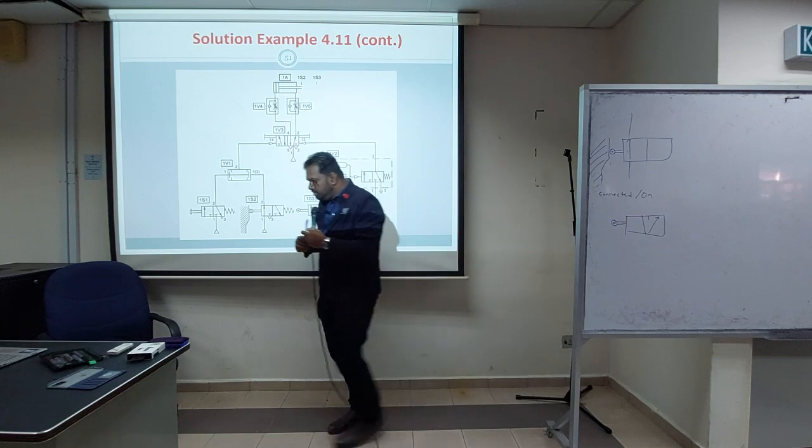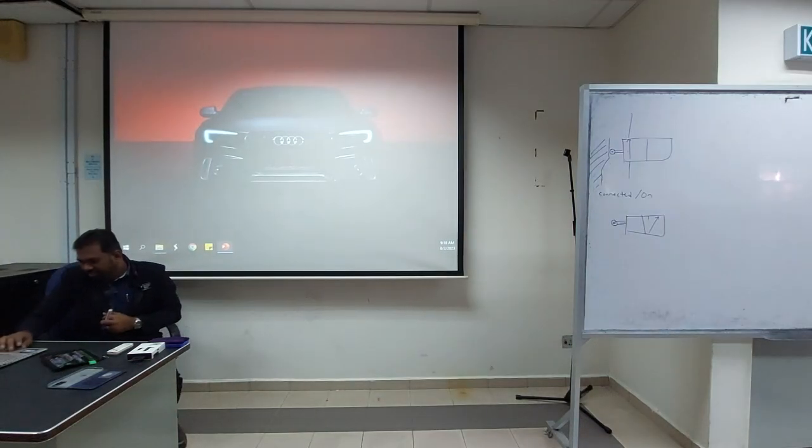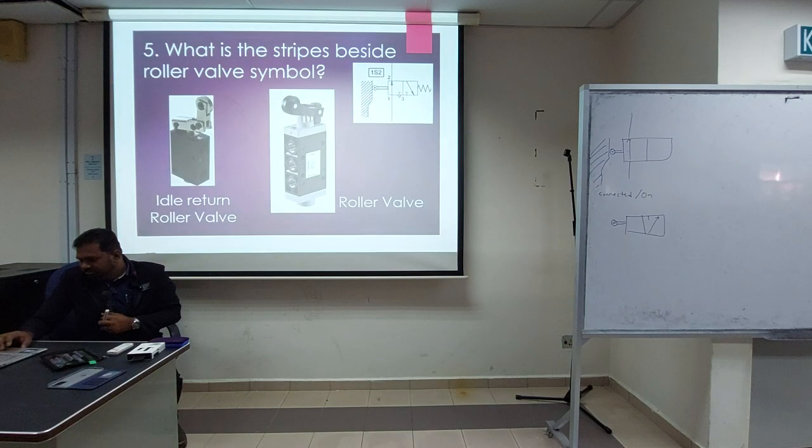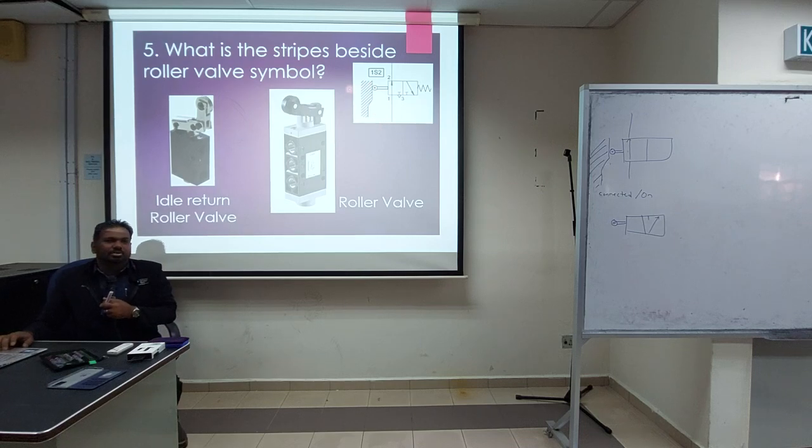So answering to the question earlier, what is the stripes beside roller valve symbol? So stripe ni, it means the roller valve is on.